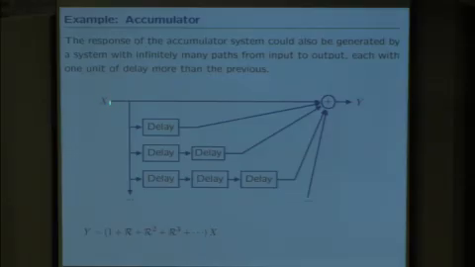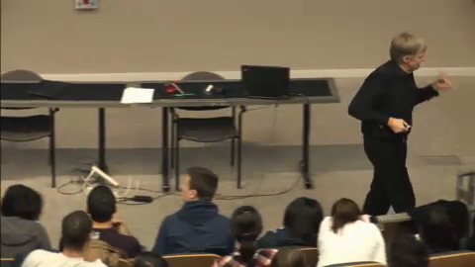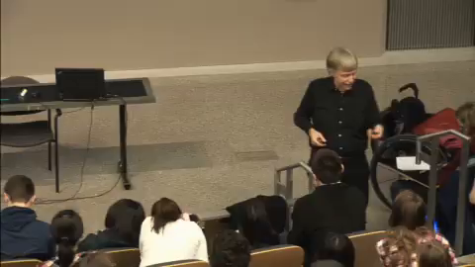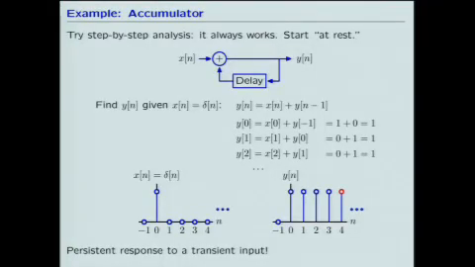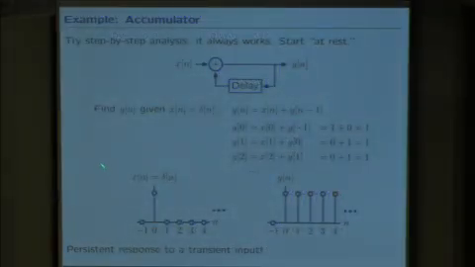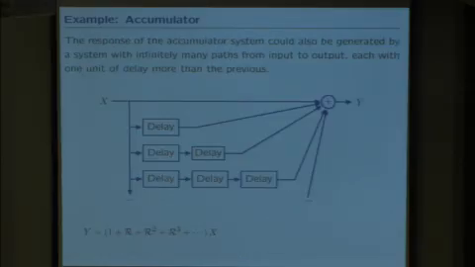Well, the output at 0 happens through this path. The output at 1 happens through this path. The output at 2 happens through this path, 3, etc. There's a separate path for every one of those separate components of the output. That's how we can think about this construction. The input has a single non-zero entry. The output has an infinite number. We can think about that as resulting from an infinite number of paths.